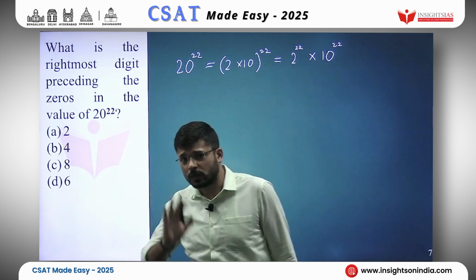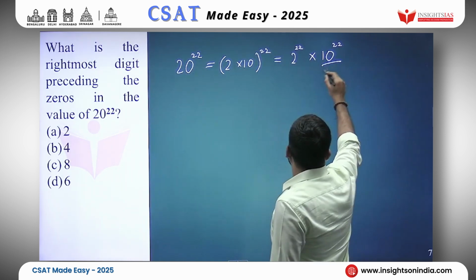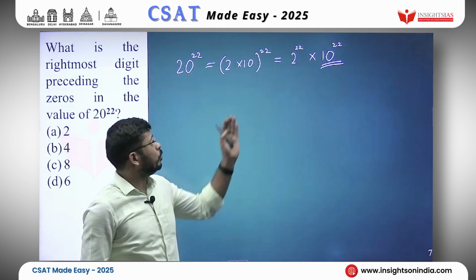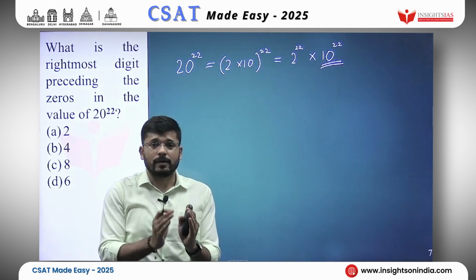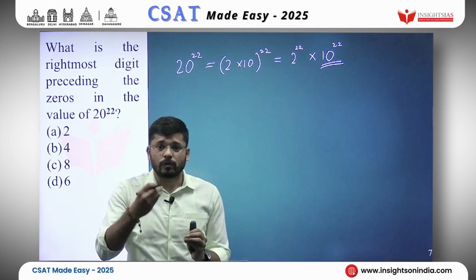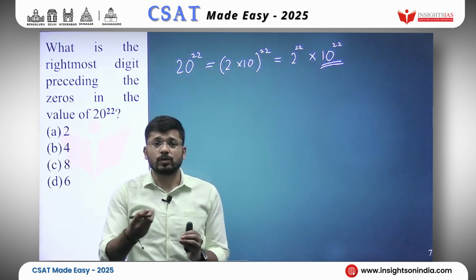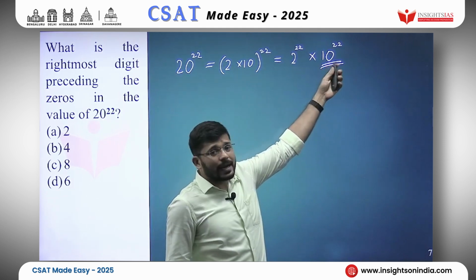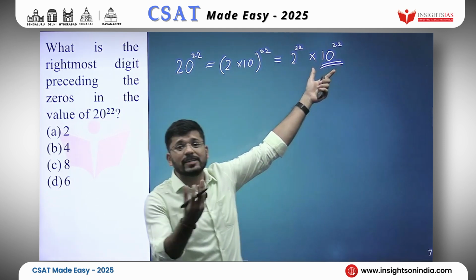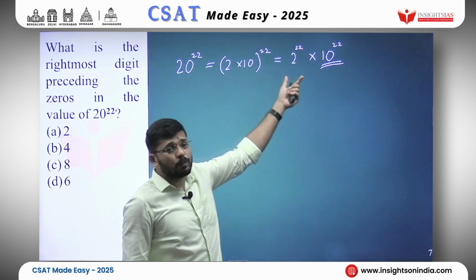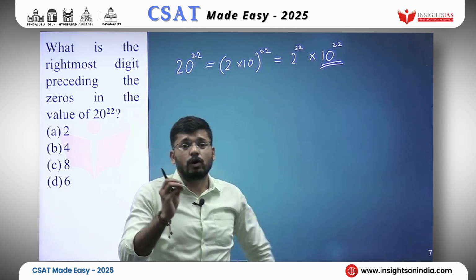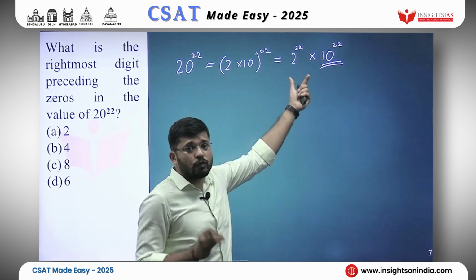However many times you multiply 10 with itself, 10 to the power of 1 is 10, 10 to the power of 2 is 100, 10 to the power of 3 is 1000, 10 to the power of 4 is 10,000. So it doesn't add any new digit to us, it will only add zeros. What matters to us is only this 2 to the power of 22.